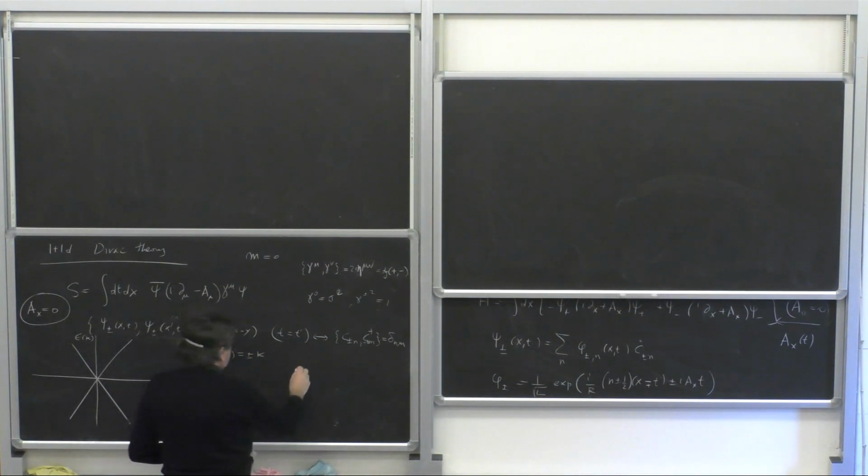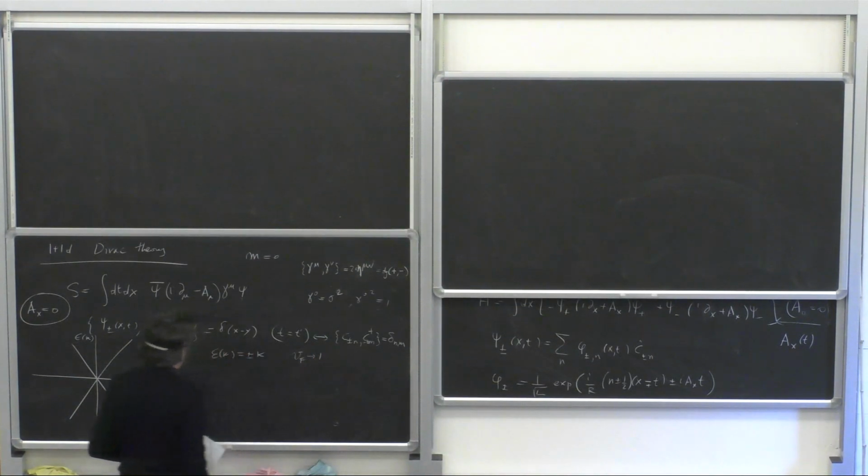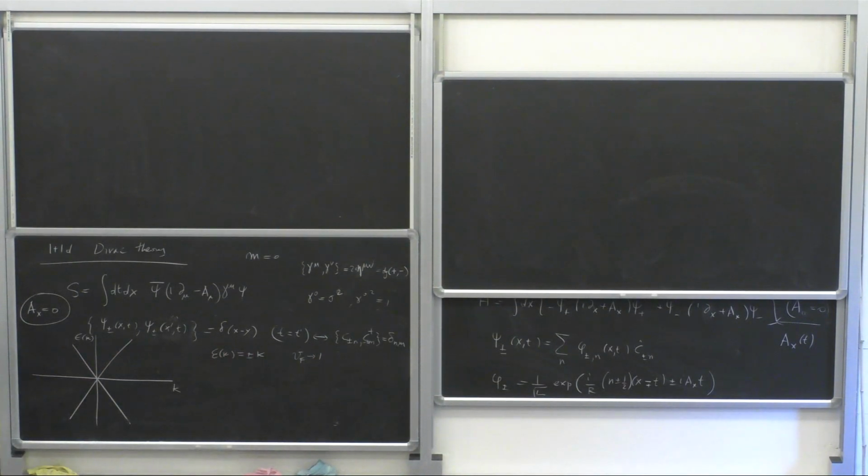So the velocity Vf, which in relativistic theory will be c, but in general, in condensed matter, will be some constant, is put to 1, okay? The velocity. Now you have an infinite Dirac sea.